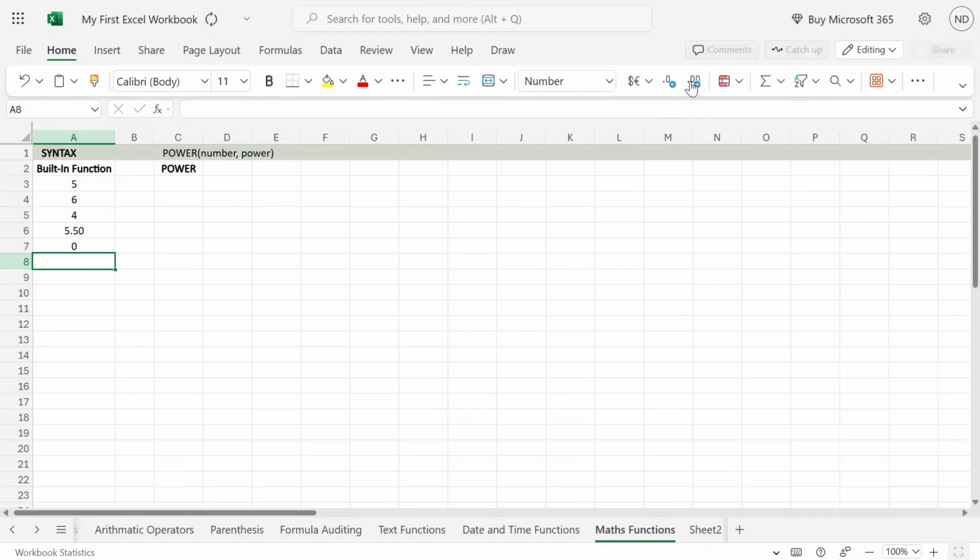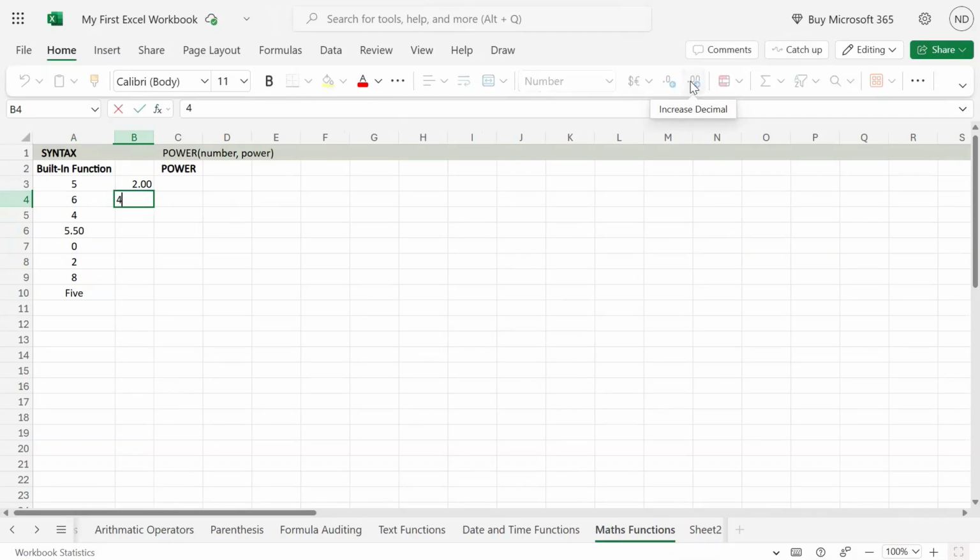And I want to raise these to the powers of 2, 4, 2, 2, 2.5, 0, and so on.